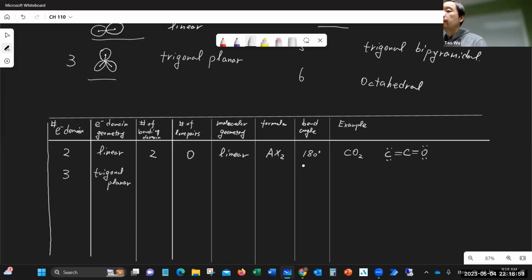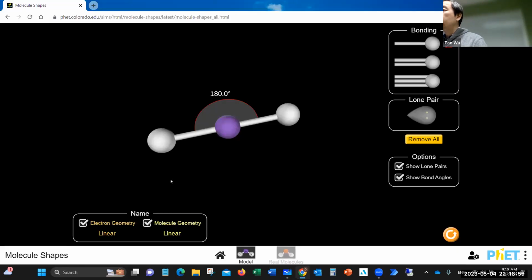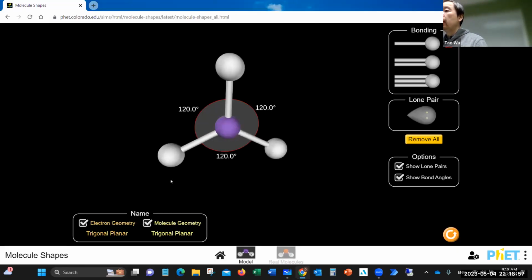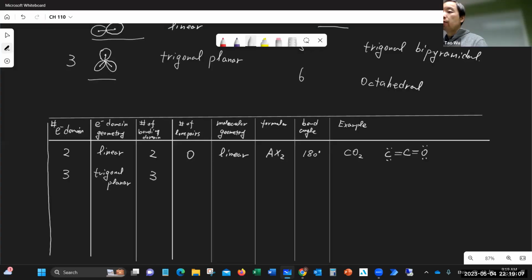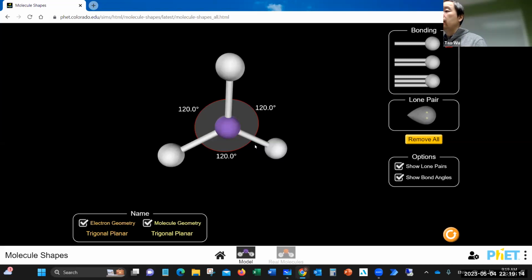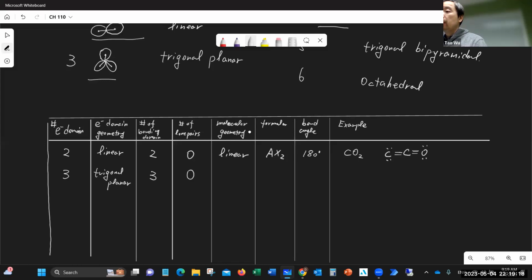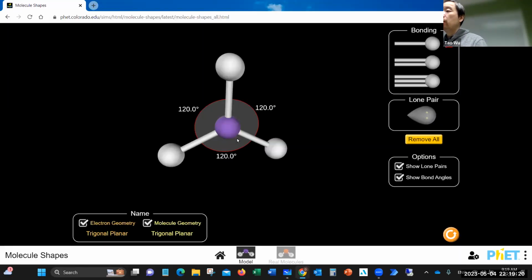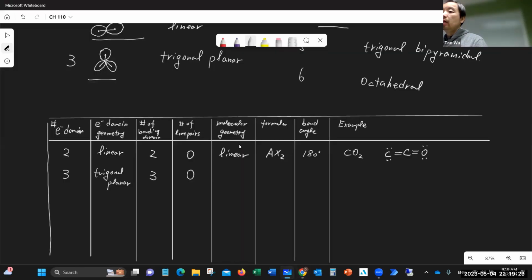If every electron domain is a bonding domain, and there are no lone pairs, so the central atom has three single bonds, then that's going to be the molecular geometry, which is just like this. This is also called trigonal planar.